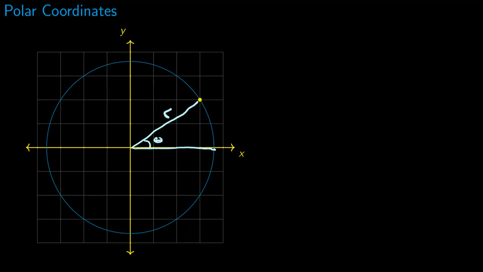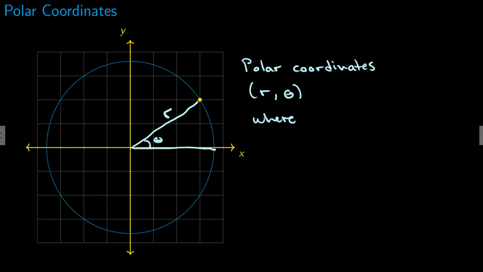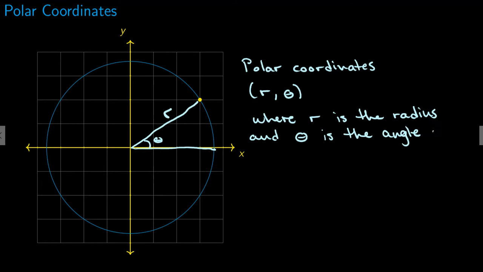And so in polar coordinates, instead of using x's and y's, we instead use r's and thetas, where r is the radius of the circle centered at the origin, and theta is the angle from the positive x-axis.